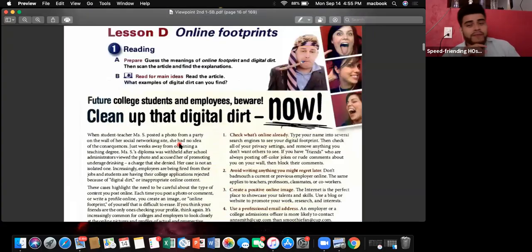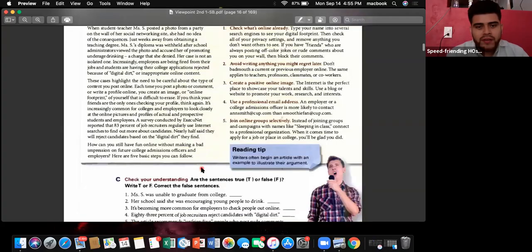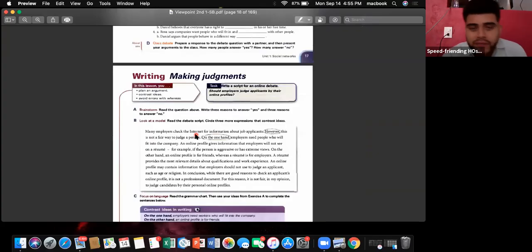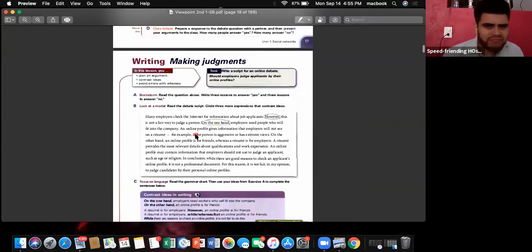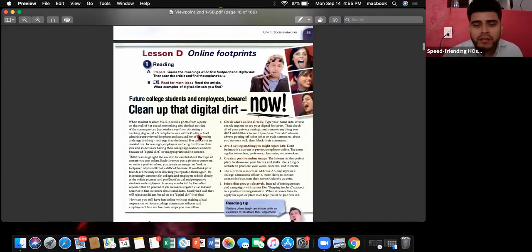The only difference about this book and the other books is that lesson D has 3 pages. See, lesson D, we have 1, 2, and then 3. The third page is specifically for writing, all right? But it's okay. I don't know if you noticed, but I prepared you for this type of book.